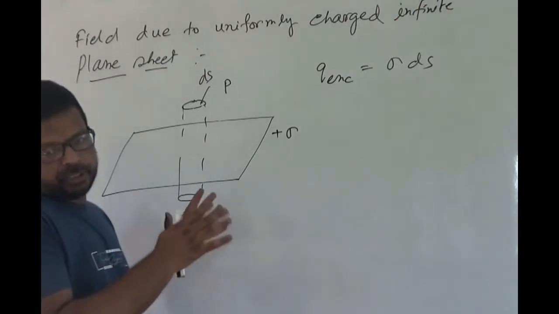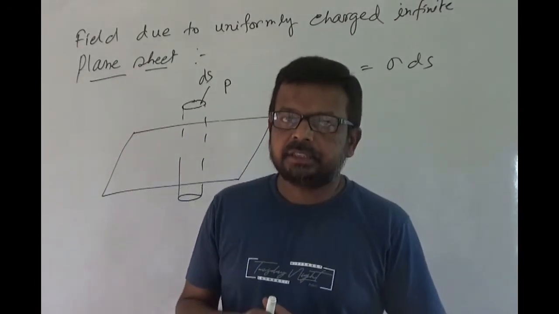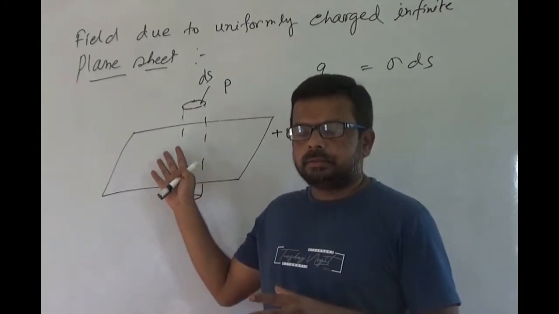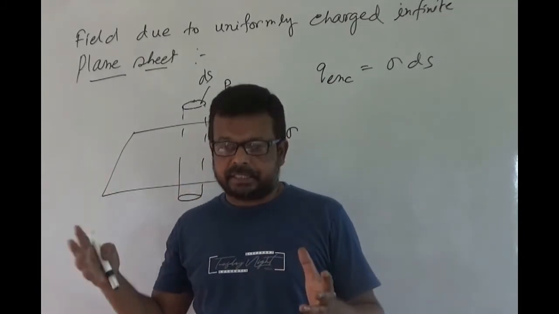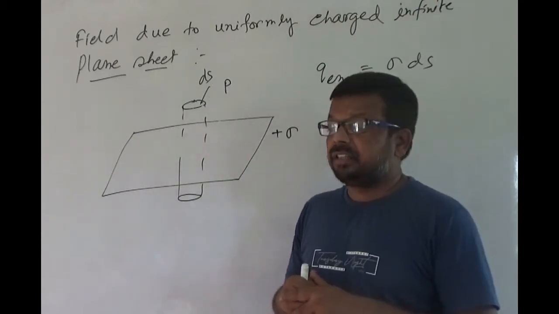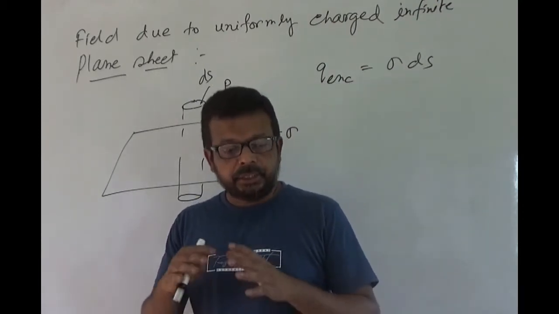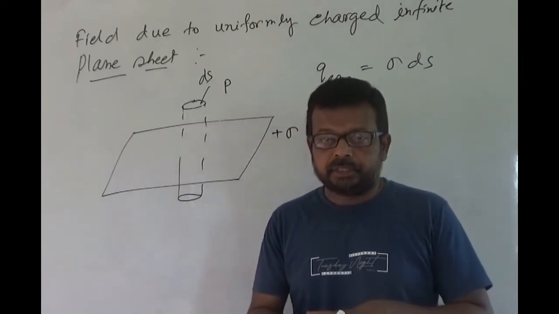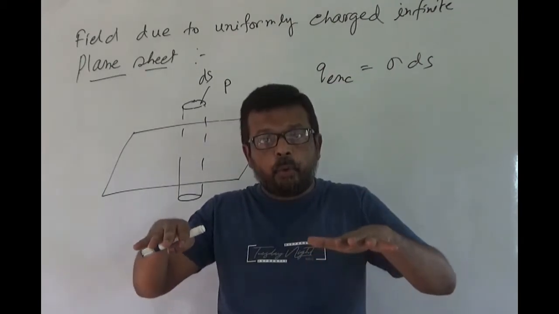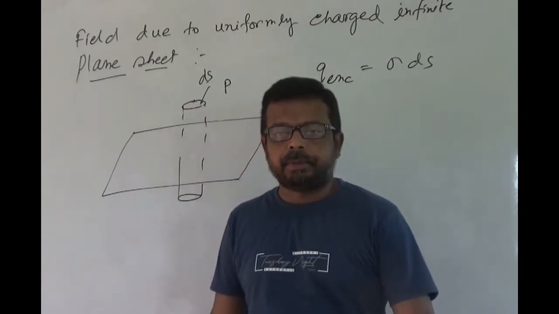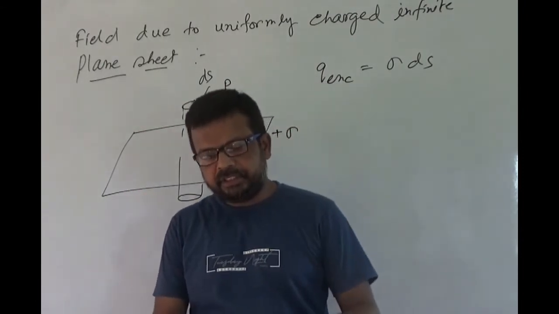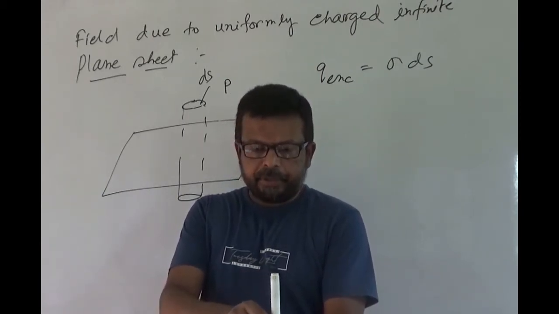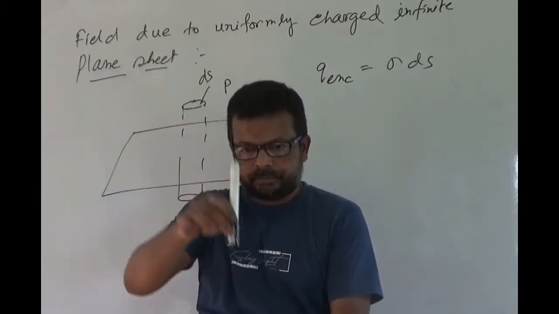There is a symmetry. Since the plane sheet is infinite and charged with plus charge, the field lines due to this surface charge distribution will be perpendicularly away from the plane sheet. That means if this is the plane sheet, then field lines will be perpendicularly away from the sheet.